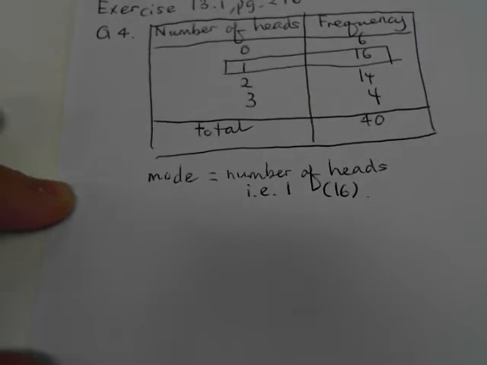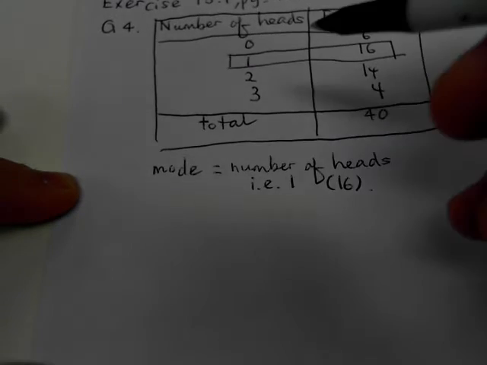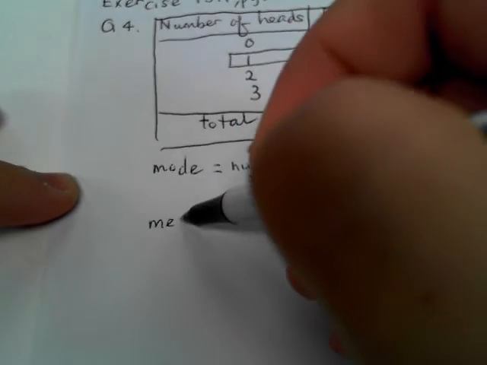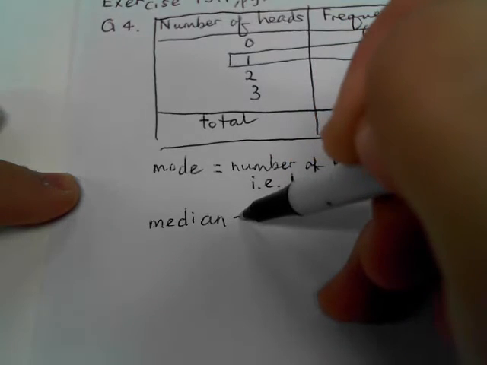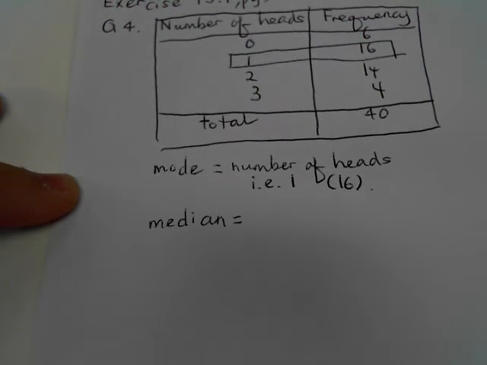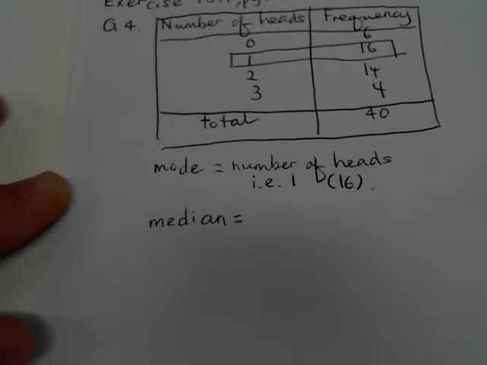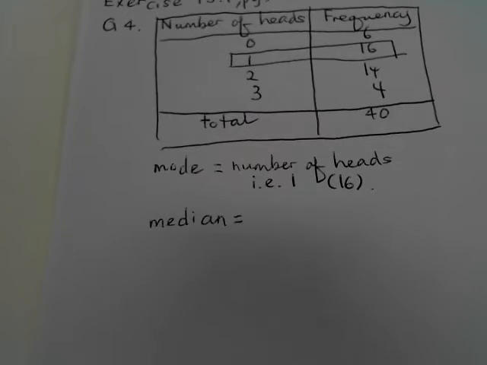Okay, that's the mode. Now, in terms of the median, we have to be very careful here. What is the total that we have? 40, right? 40 times that we have tossed, depending on the number of hits that you receive, 0, 1, 2, or 3.